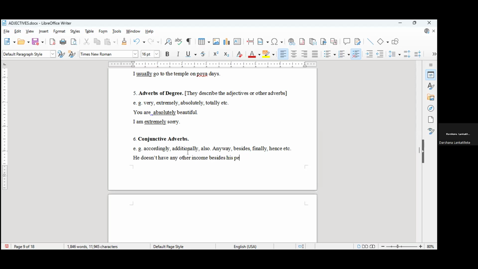Look at this: He doesn't have any other income besides his pension. That means other than his pension, he doesn't have any other income. So this type we call conjunctive adverbs.